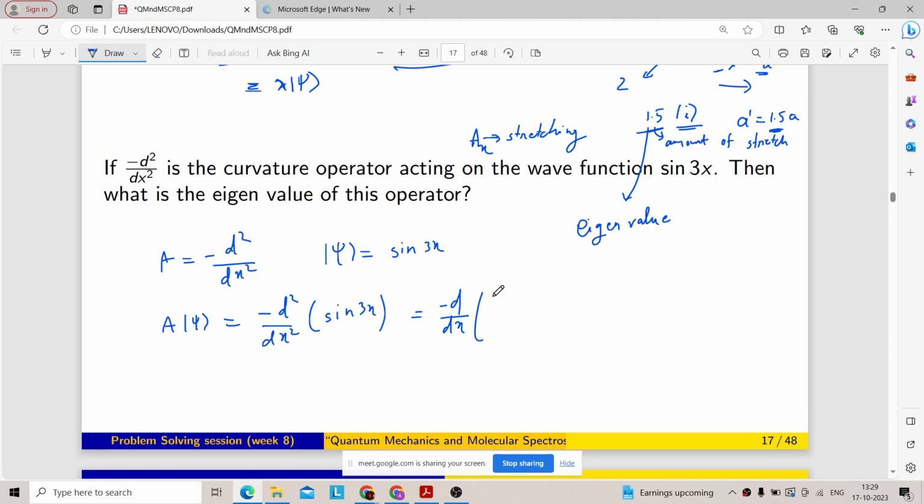Yes, sir. Okay, so it's a simple question. There is an operator minus d square over dx square, and the wave function is sine 3x. So what is the eigenvalue?